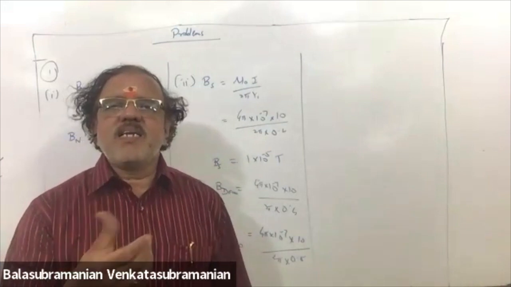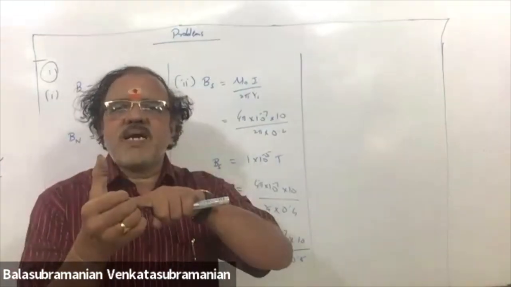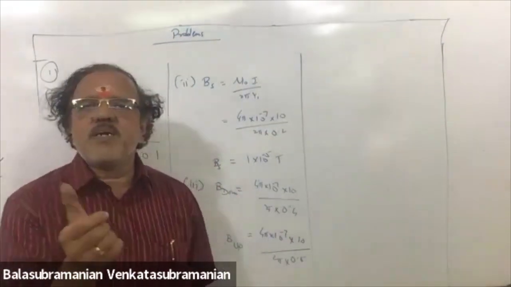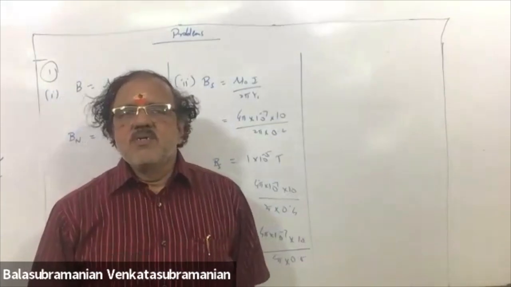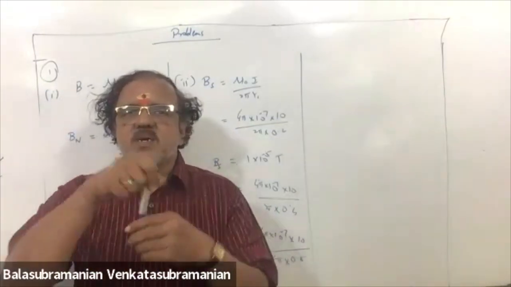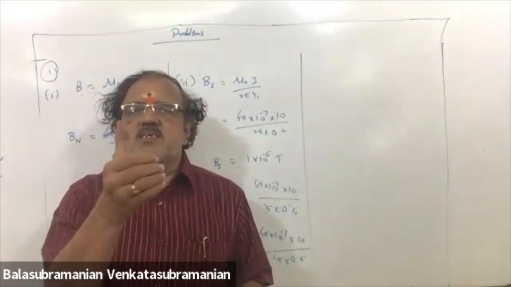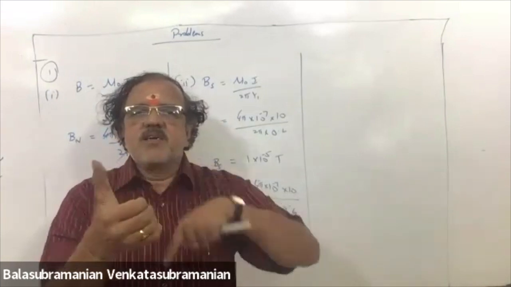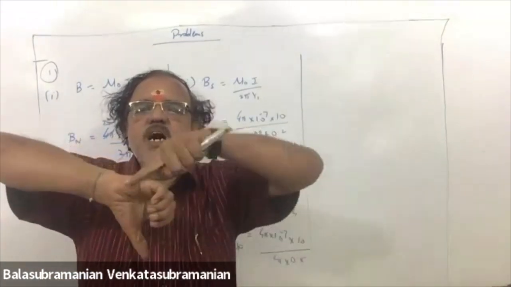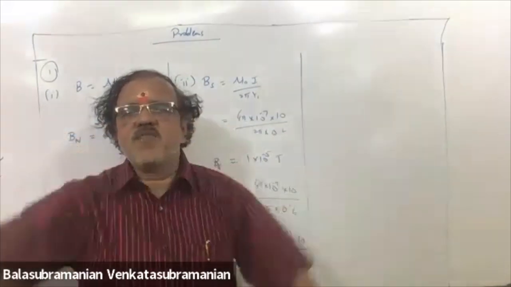Depending upon the right hand thumb rule, the direction of current and the direction of magnetic field, you will get the result. Southwards, northwards, pointing into the plane, pointing out of the plane. This is the current direction, this is the magnetic field direction.